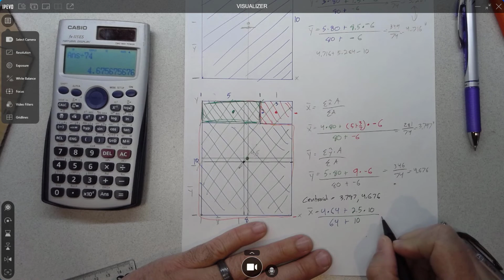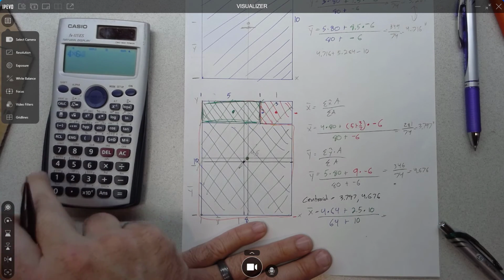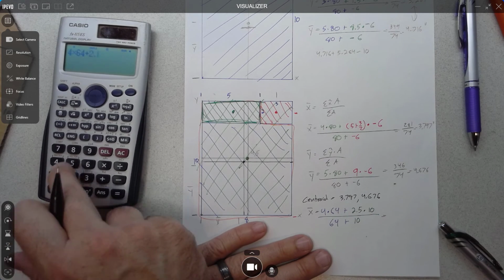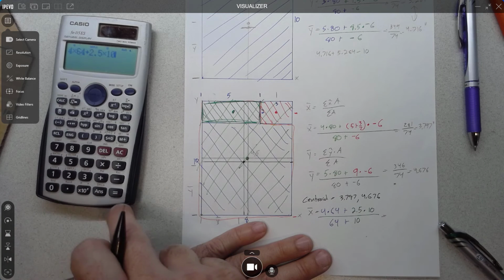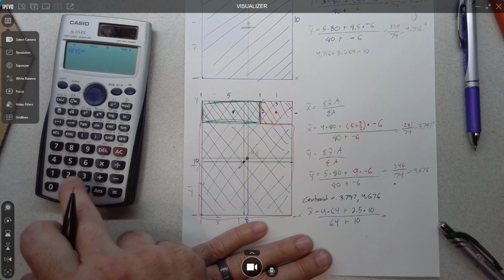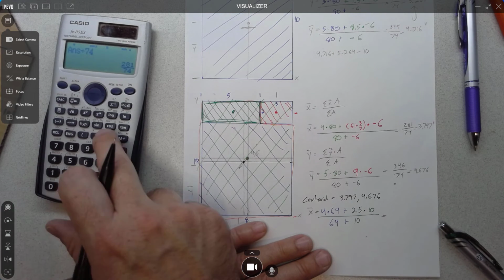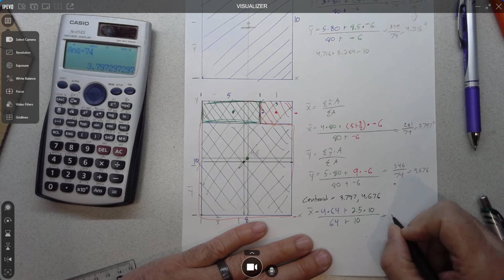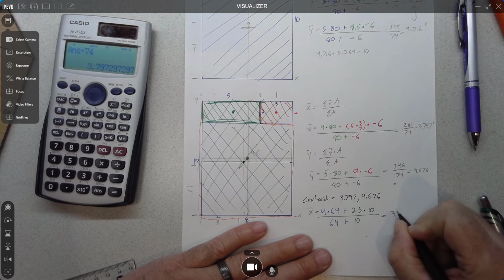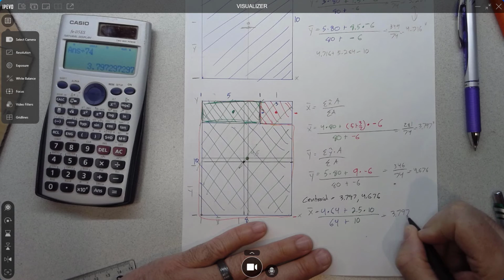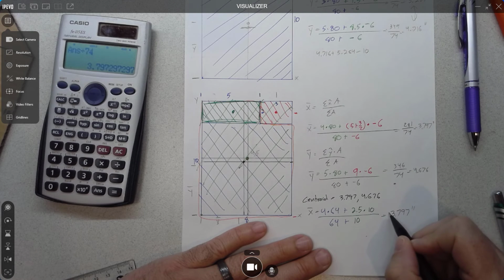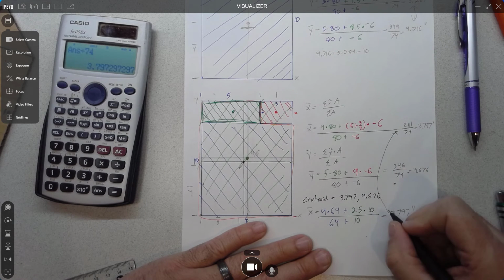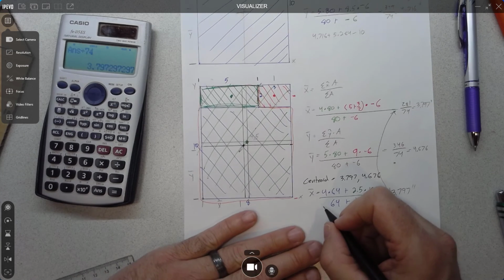So this is equal to 4 times 64 plus 2.5 times 10, divided by 74. And so I get an x bar equals 3.797, which, looking up there, you can see those match, right? And then let's do y bar.